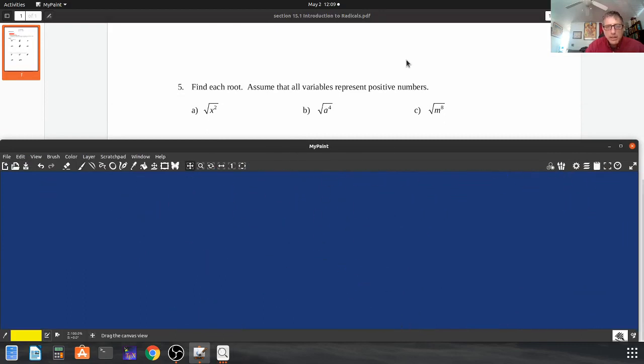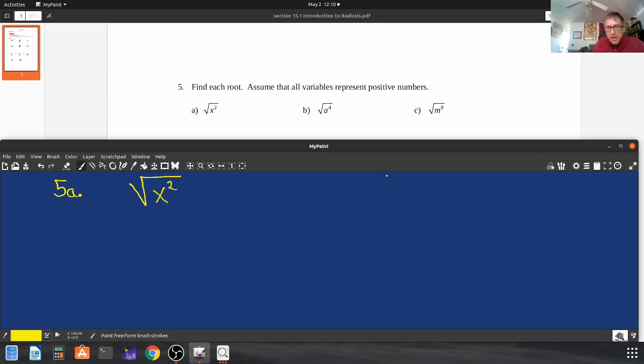They're wanting you to recall, or to assume rather, that all of our variables represent positive numbers. Now when you get to intermediate algebra, you won't have that assumption, and you'll have to do a special little operation at the end. So let's think about this. Square root of x squared.